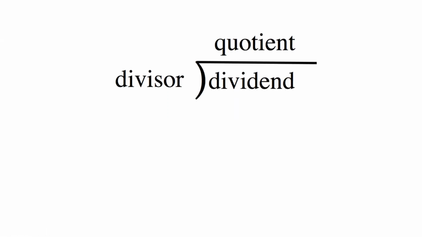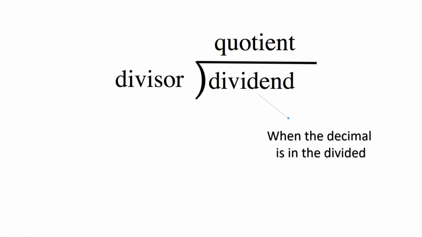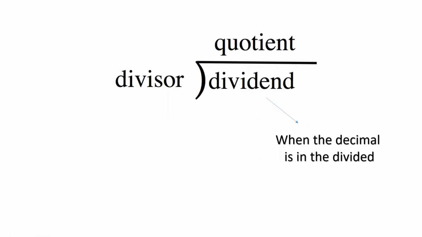Now we go to actually Unit 5. Unit 5 has to deal with not dividing, but dividing with decimals. When the decimal is inside the dividend, that's fine. It's allowed to be inside the dividend. There's nothing wrong with it.